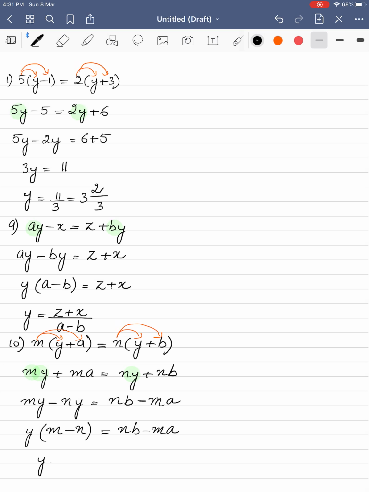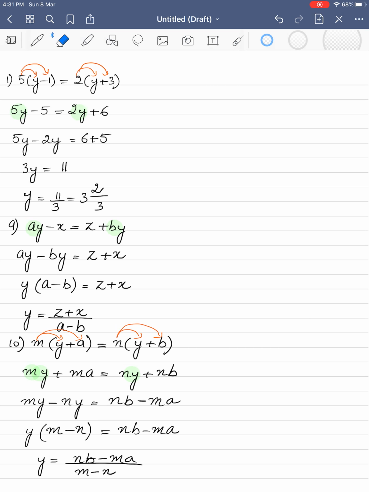Now we can conveniently make y the subject by moving the bracket to the other side, and the bracket divides on the right hand side since it was being multiplied on the left hand side.